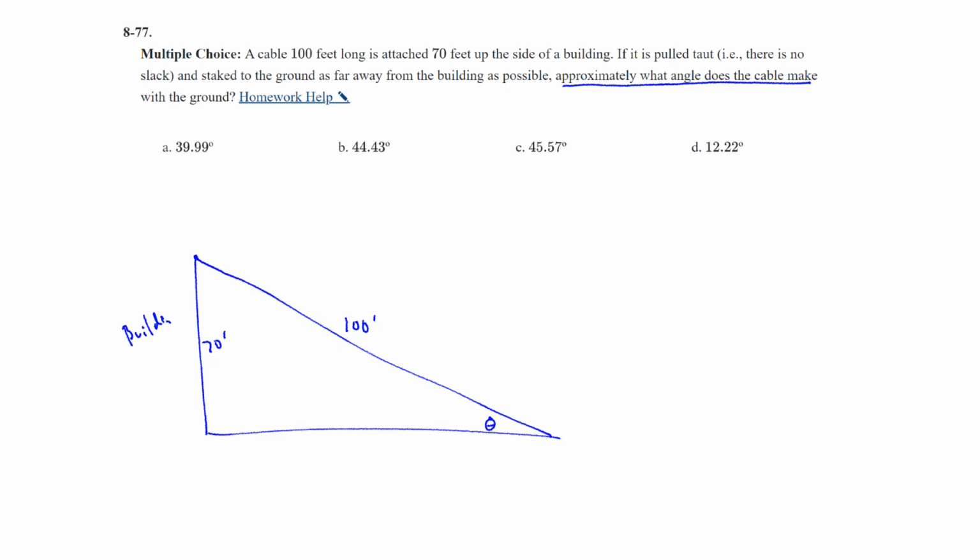So it looks like we would use our trig ratios. In this case, we're going to use sine, because we have the opposite side at 70 and the hypotenuse at 100, and we're looking for the angle, so therefore we are going to have to use the inverse of sine.